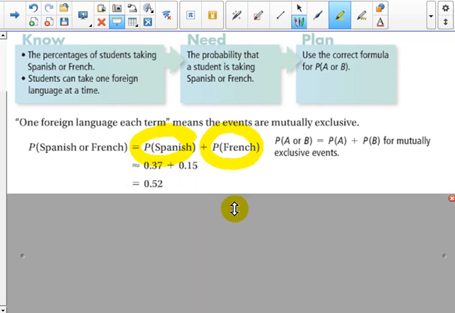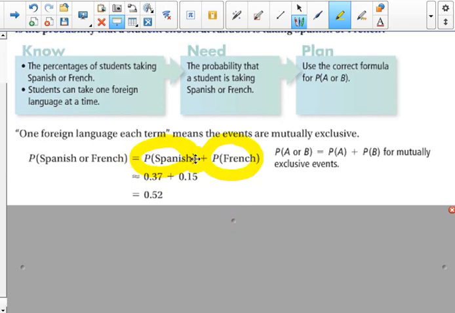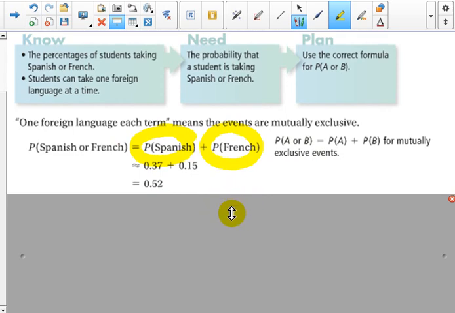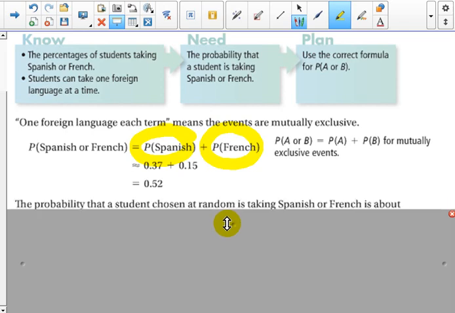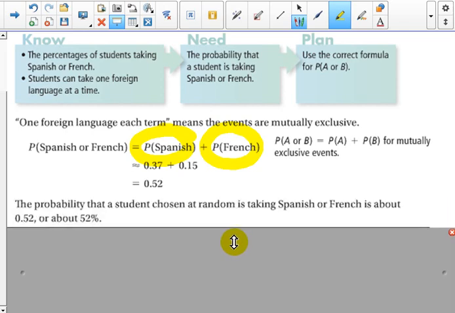So we're going to add those together, and it's 0.52. Okay? And there's none that take both together, so you don't have the subtraction part of it. So you're just going to add them. So you have a 0.52 or 52% probability that when you choose a student at random, they're going to be taking either Spanish or French.